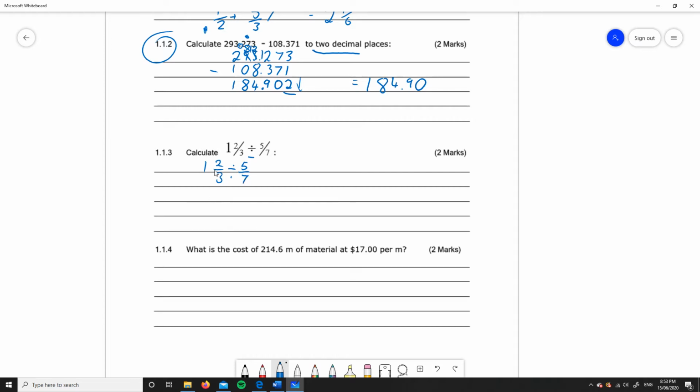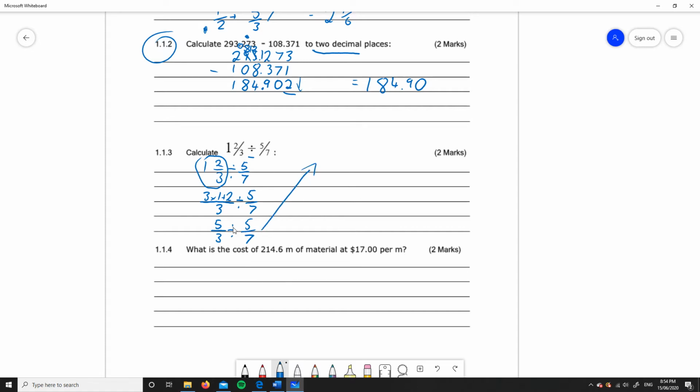Again, what I'm going to do is try and convert that into an improper fraction. So that would be 3 times 1 plus 2 over 3 divided by 5/7. That simplifies down to give me 5/3 divided by 5/7.